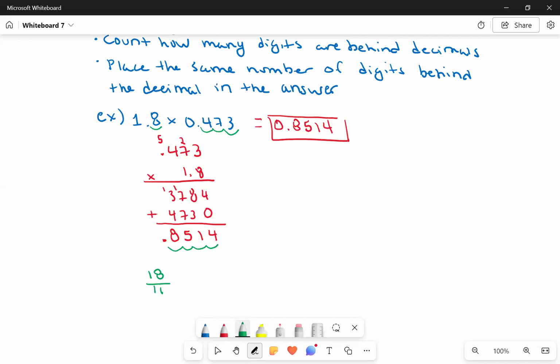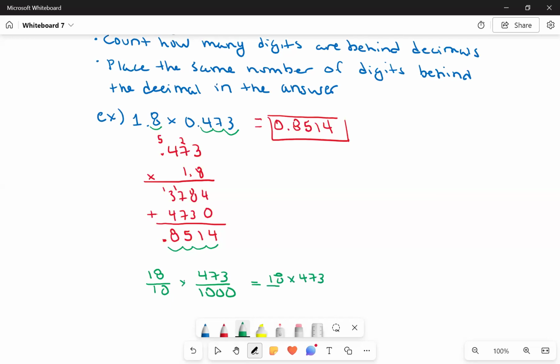Are you gonna actually do the second part? There we go. And then times 473 thousandths. Okay. And so when you multiply fractions, you multiply straight across. You end up multiplying 18 times 473.